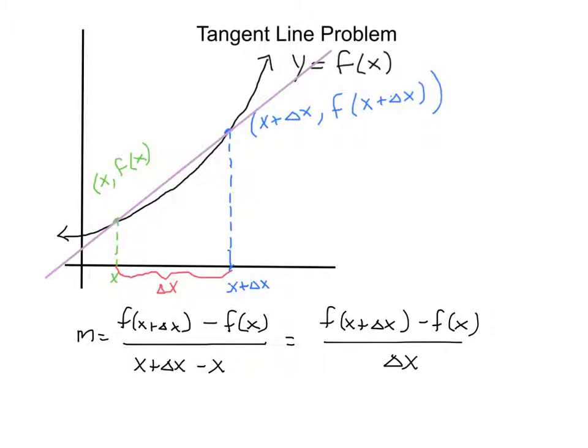We go through on this, and that will give us a slope. Then as we let delta x get smaller and smaller, our point here is going to move closer and closer to what we started with. As that point gets closer and closer to where we started, we're going to get a better estimate for the slope of the curve at x.